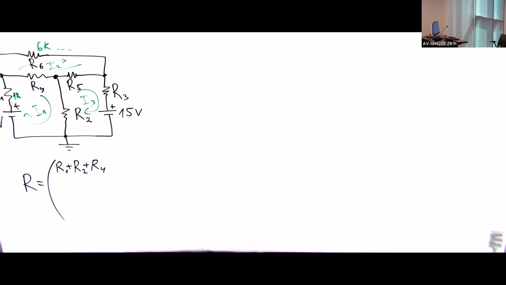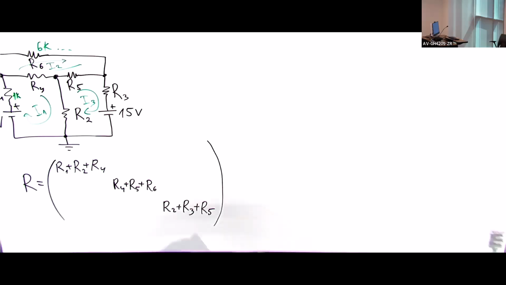Okay. So how about the second element? This is loop number 2. R4, R5, R6. 4, 5, and 6. Okay. How about the third one? 2, 3, and 5. Okay.